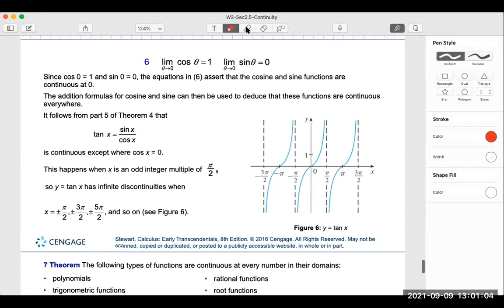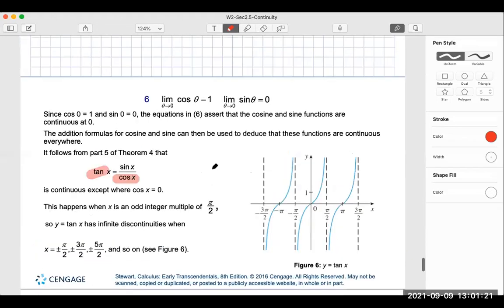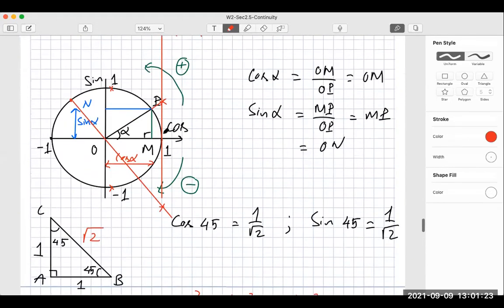When is the tangent function defined? It is defined when the denominator is not 0, right? And the cosine is equal to 0. Look at this.